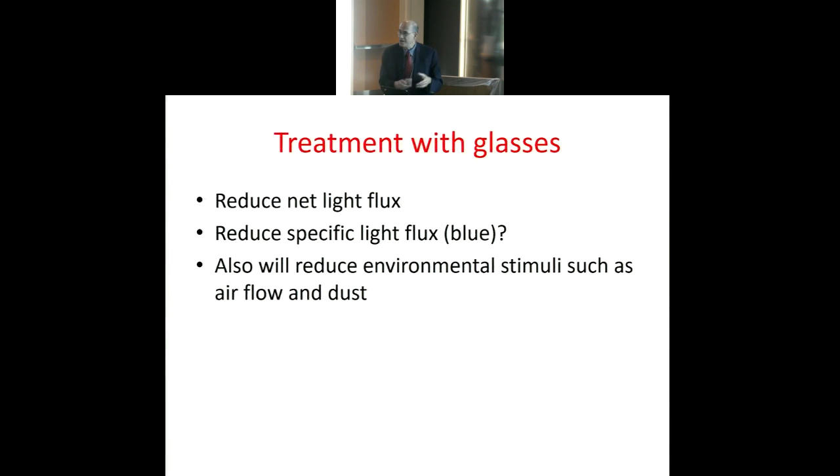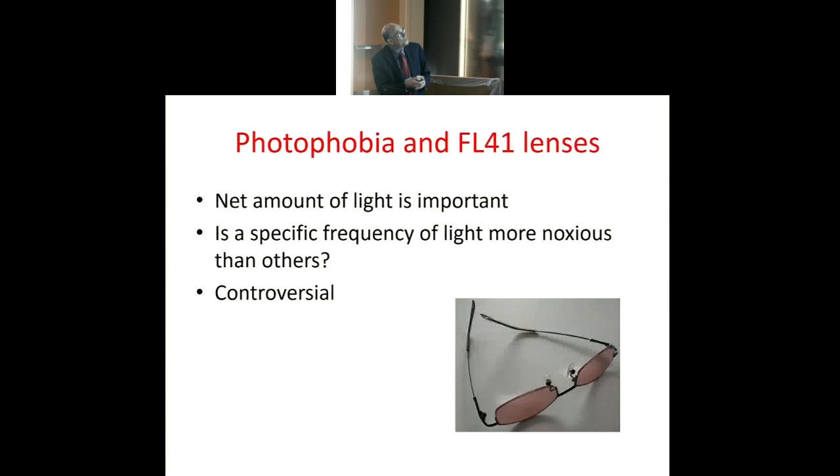And of course, the FL41 lenses are close to, but not exactly the same as the melanopsin peak. So it is conceivable that this type of lens would be useful for that purpose, but if it really is melanopsin, then it is a slightly different wavelength than the FL41, and that might be a modification that might be done sometime in the future.